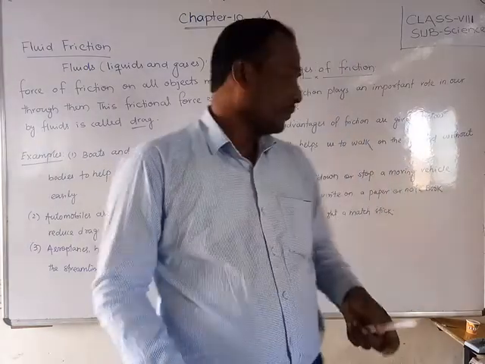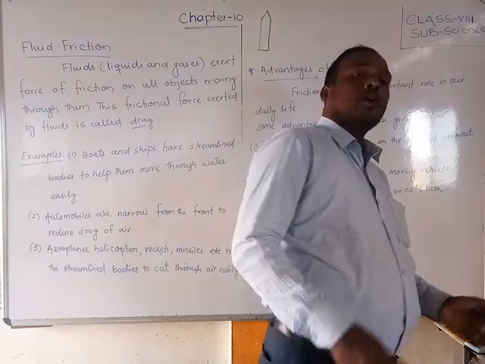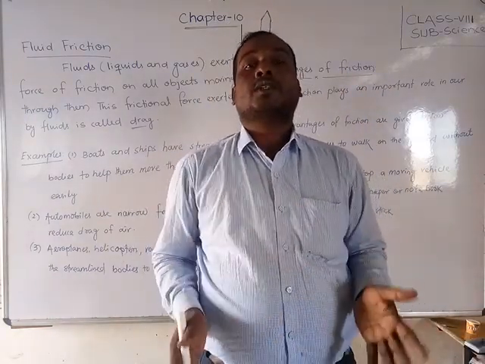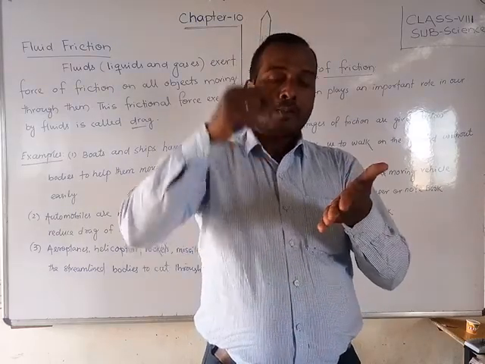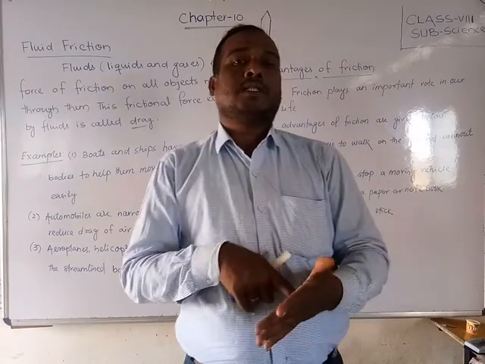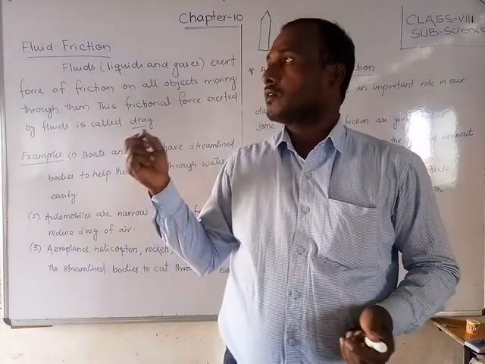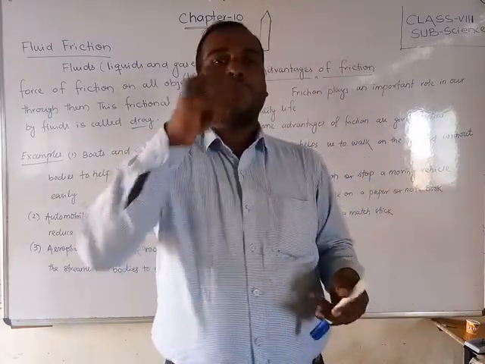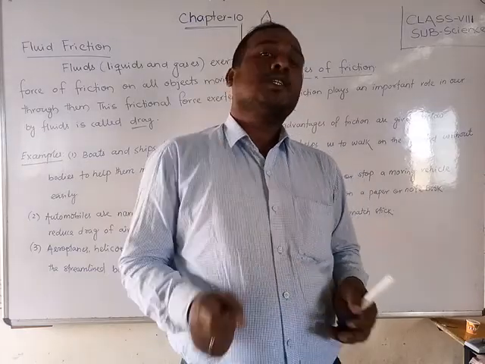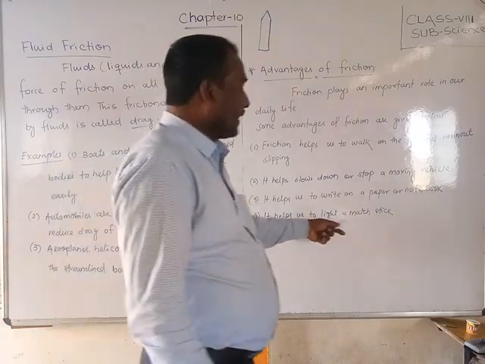Third, it helps us write on paper or a notebook. If there were no friction, the pen would keep floating and could not stop in place. You can check this on a glass plate: if you write with a pen, it won't work, because it is too smooth and there is little friction. It also helps us light matchsticks.